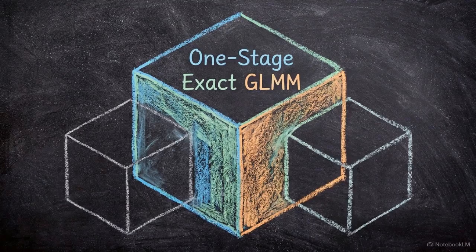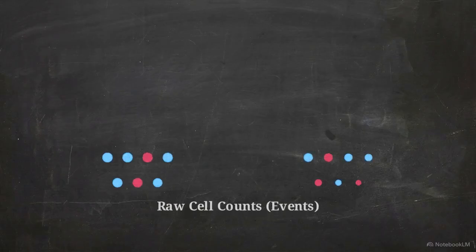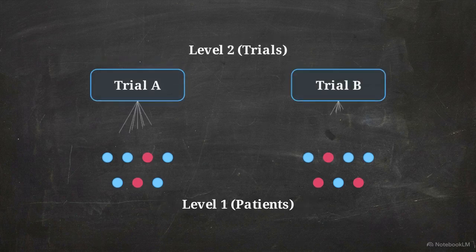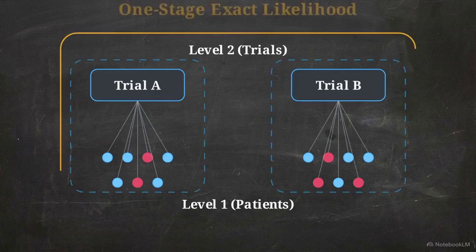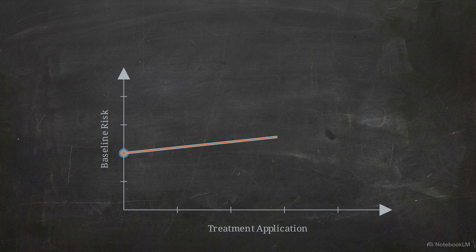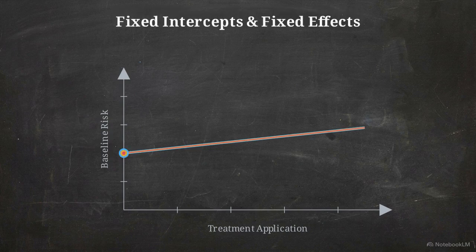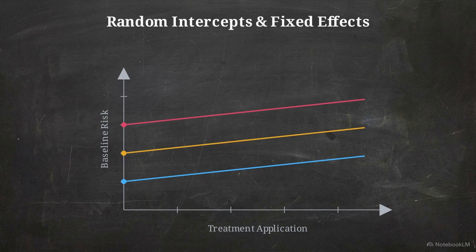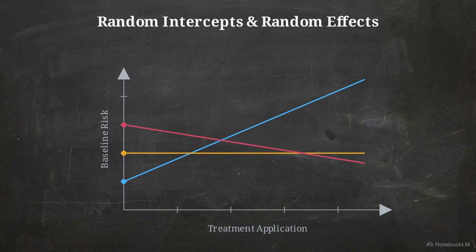The rigorous alternative is the one-stage exact GLMM. By modeling the raw cell counts directly and treating individual patients as level 1 units nested within level 2 trials, it preserves the true exact data likelihood. This exact modeling supports 3 distinct paradigms: fixed intercepts with fixed treatment effects, random intercepts with fixed treatment effects, and fully specified random intercepts with random treatment effects.